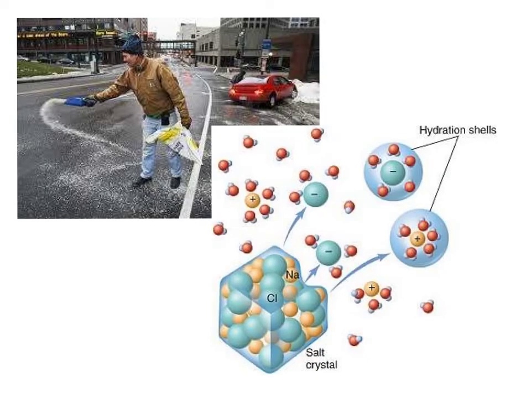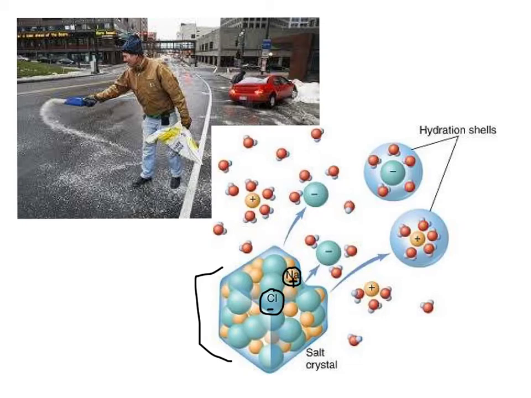When we add salt to sidewalks, we use adhesion to break up cohesion. You guys already know that ionic compounds such as this salt crystal right here contain charged particles such as chloride ions that are negatively charged and sodium ions that are positively charged.